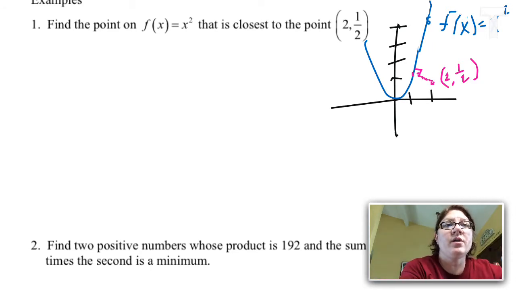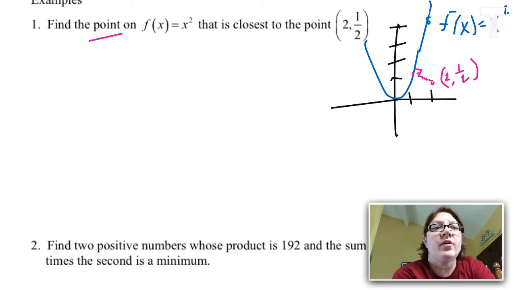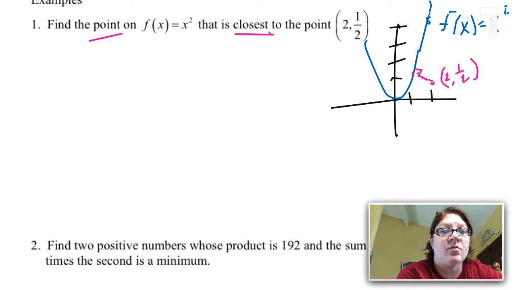So I've drawn a picture of f of x equals x squared, which of course is a parabola, and I've plotted the point 2 comma 1/2, which is clearly off of it. And if I want to find a point that's closest to it, obviously the shortest distance is a straight line, and it would have to be perpendicular. So I drew a little square in here.